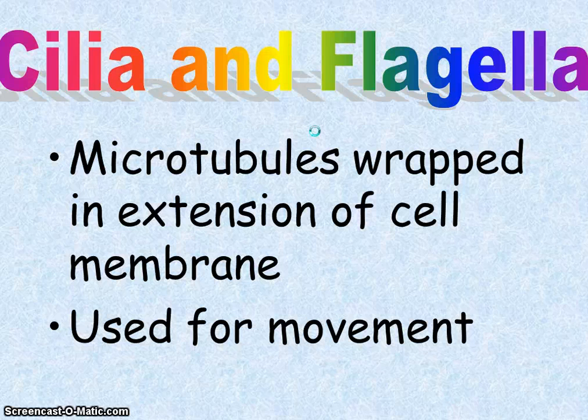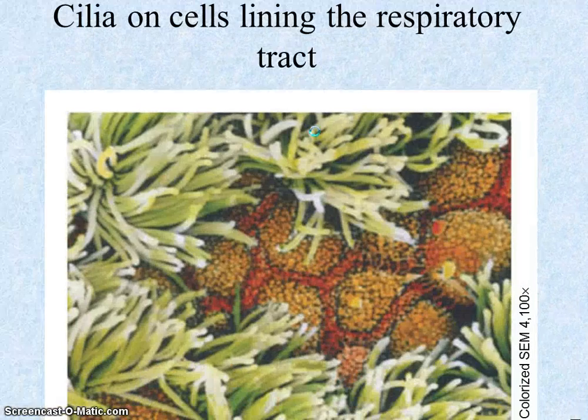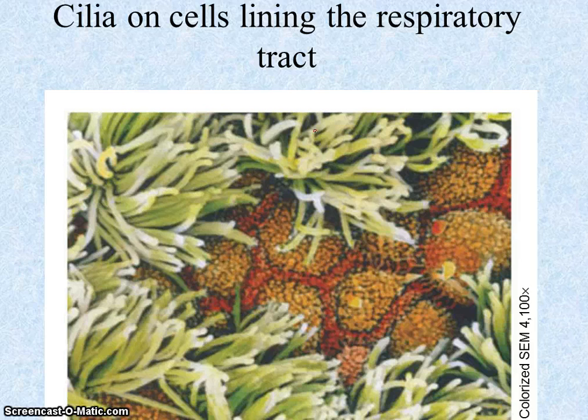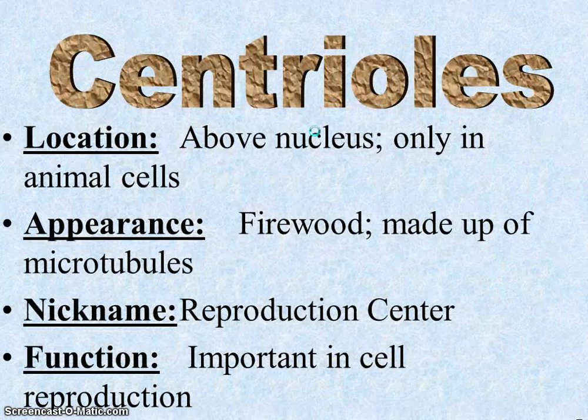You have to go in the same direction. Whereas the flagella is larger, and it's going to be more of an undulating motion, and it's typically much longer. Showing you the cilia and then the flagella. Again, both are used for movement.